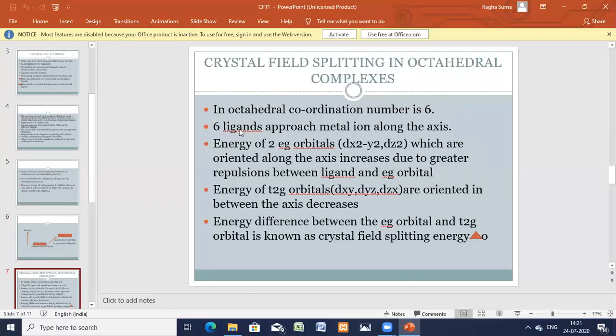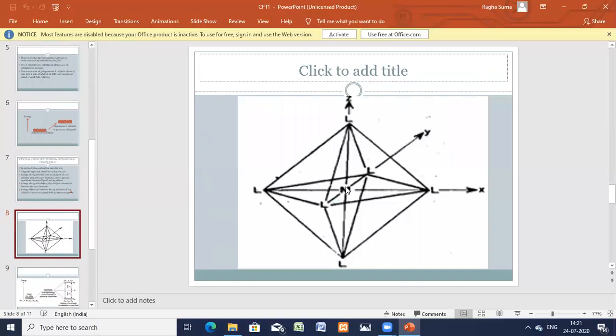The six ligands approach the metal ion. You can assume six ligands are approaching the metal ion along the axis. See, here is the central metal atom. You are having the ligands 1, 2, 3, 4, 5 and 6.